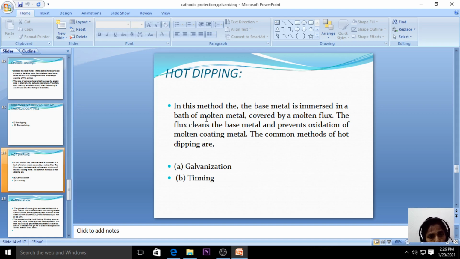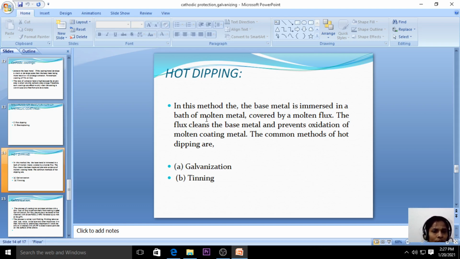So coating of low melting point metal on high melting point metal is called the hot dipping process. When the coating metal has a low melting point, it easily converts to liquid. But the base metal has a high melting point, so it does not convert to liquid.